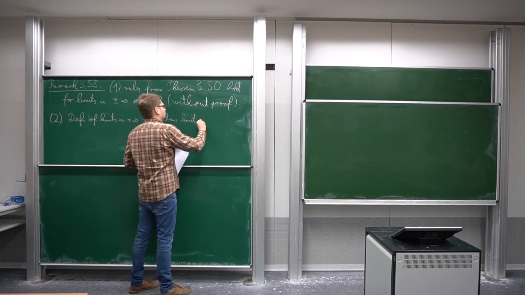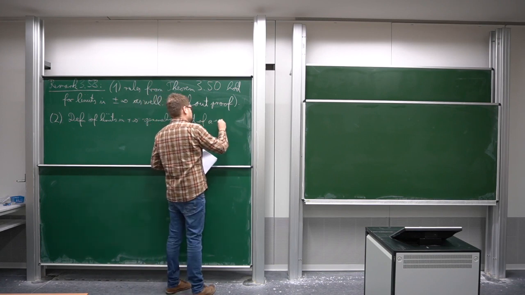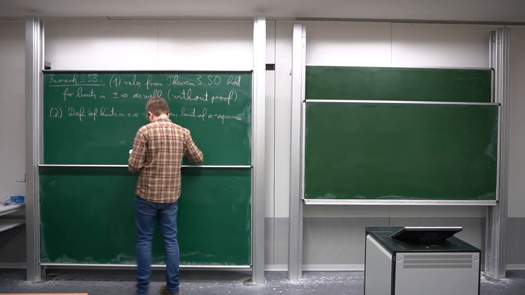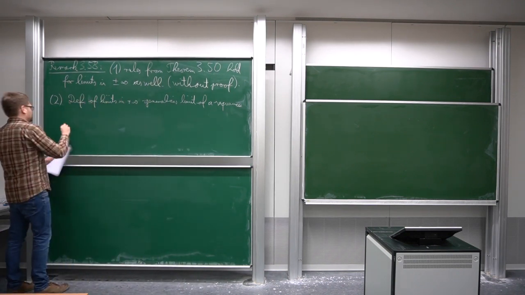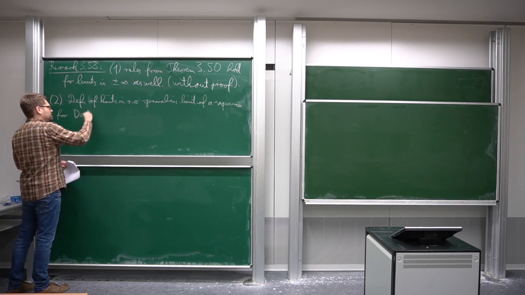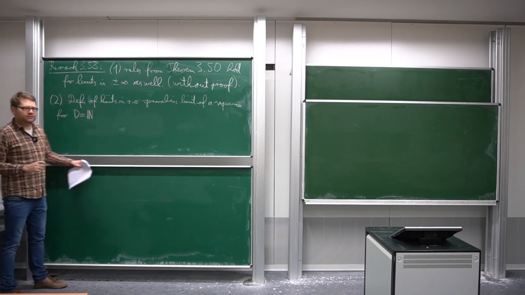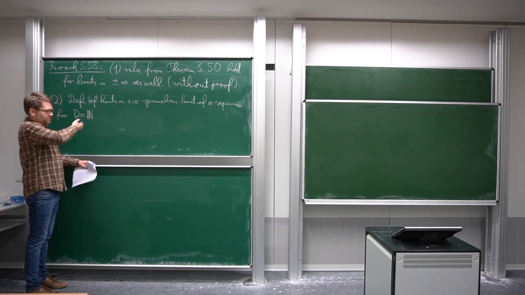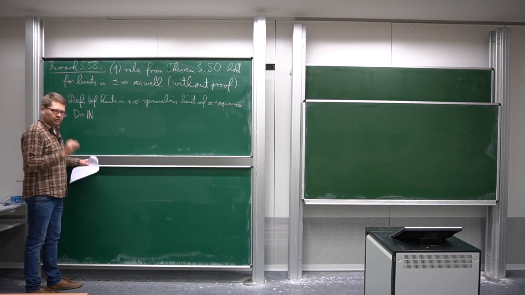Namely, what's a sequence? A sequence is actually a special case of a function if we take complex numbers. If we take the domain to be n, a sequence is by definition nothing more than a map from n to the complex numbers or real numbers or whatever. But this is the definition of a sequence.